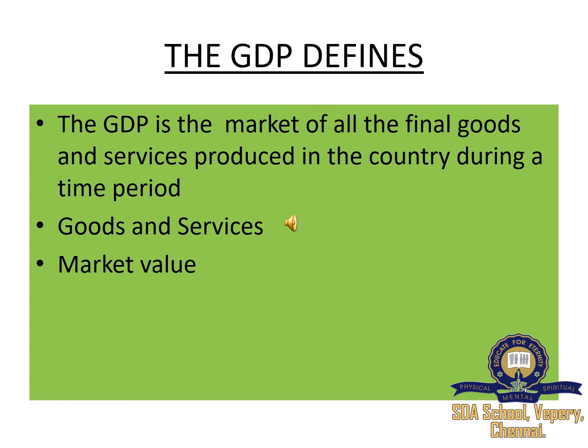How do we define the GDP? The GDP is the market value of all the final goods and services produced in the country during a time period. What products are produced in the country during a particular time period? It is called the market value of the final goods and services. Every part of the definition is important.